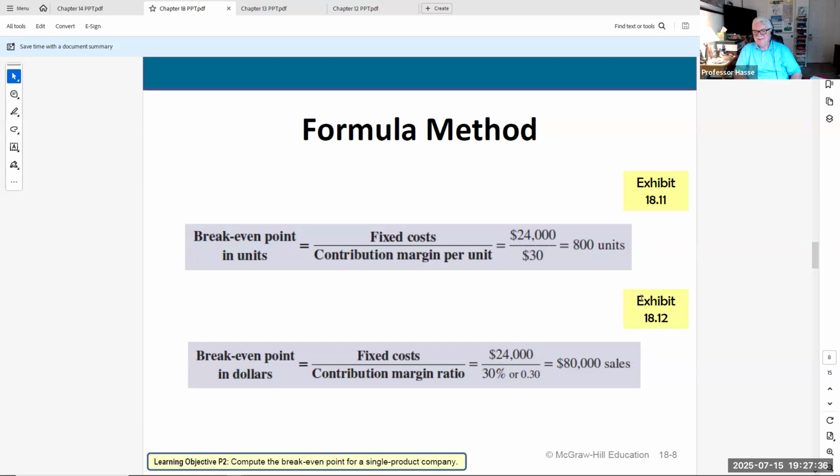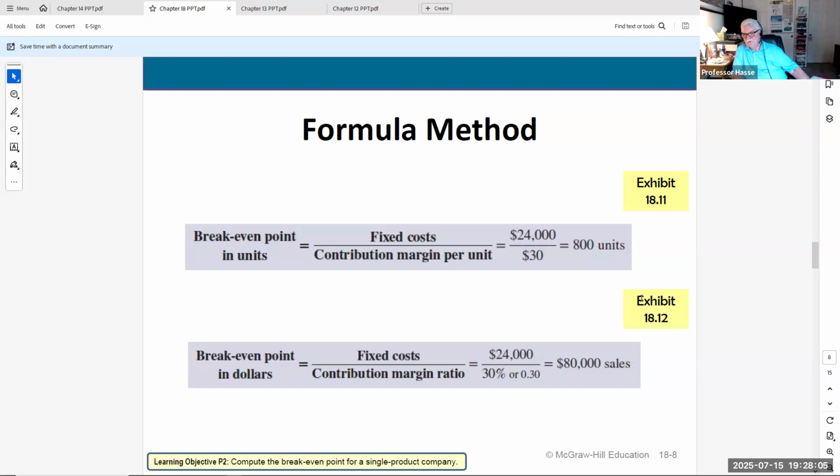So if we sell 800 units, we're not making any profit. In other words, we're covering all our costs, the variable cost per unit of $30 and the fixed cost of $24,000. 800 units. Another way of determining that in dollars is taking the fixed cost and dividing it by the contribution margin ratio.